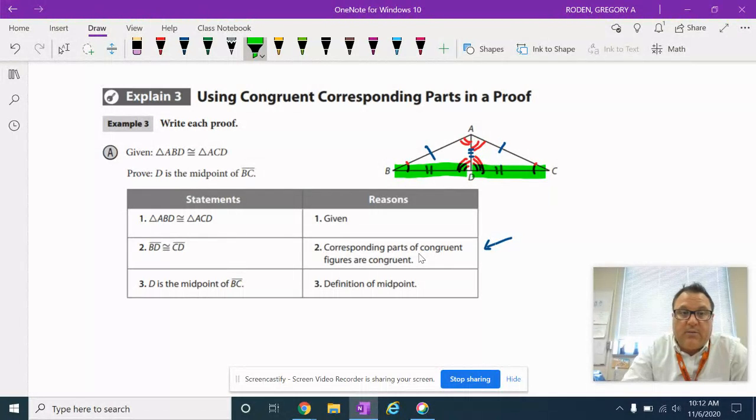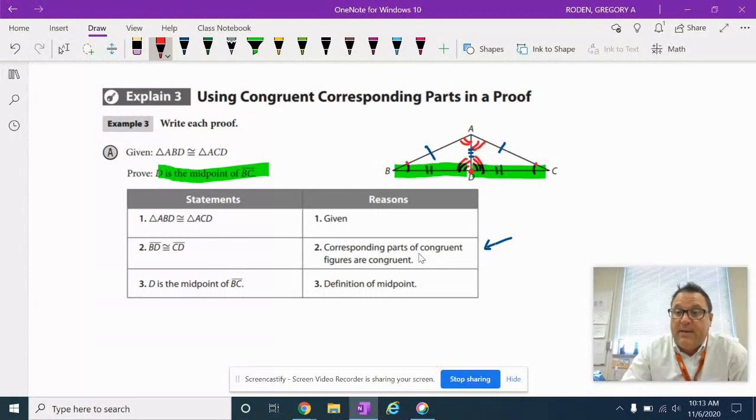Okay, now, what are we trying to prove? We're trying to prove that D is a midpoint of BC. Well, D is a midpoint because of the definition of a midpoint. The definition of a midpoint is a point that creates two congruent segments.